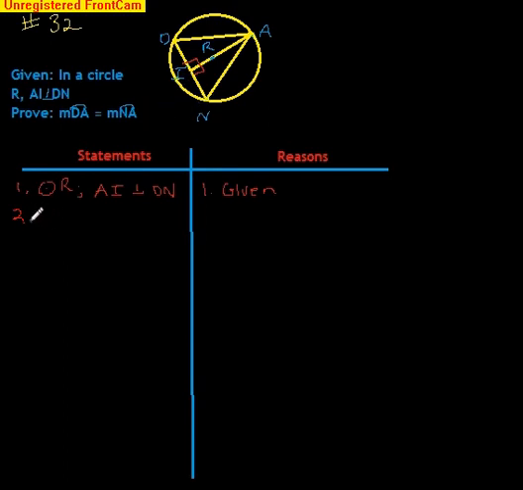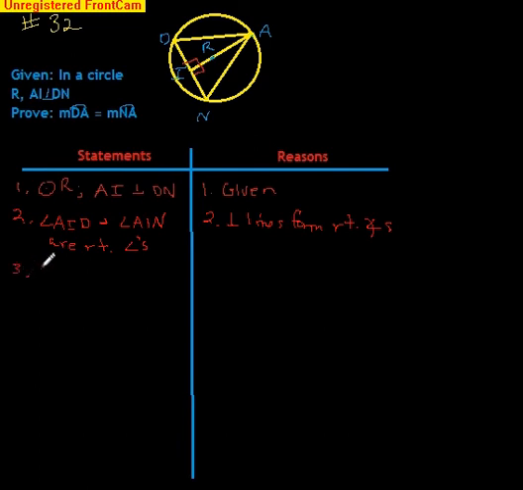So then we can say angle AID and angle AIN are right angles, and the reason is perpendicular lines form right angles.